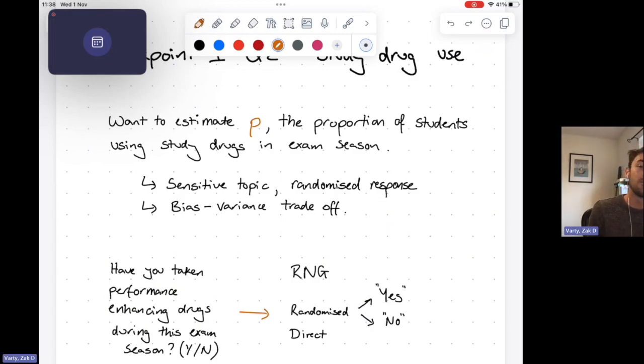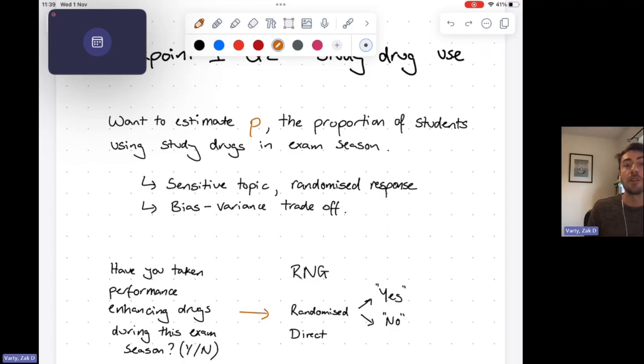If someone comes back to them and says, oh, hey, you said that you took study drugs in this survey, what's going on there? They can say, oh no, it was just the randomness in the system that told me to respond yes. This leads to a sort of bias-variance trade-off. If we introduce a large amount of randomization, we hopefully decrease the bias in our responses, getting the students to respond more honestly.